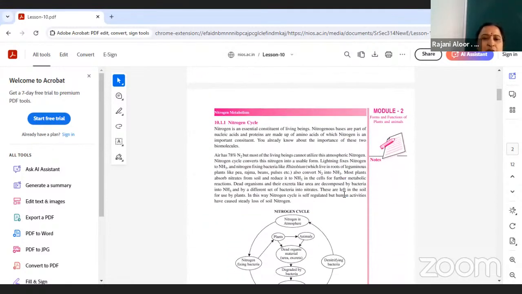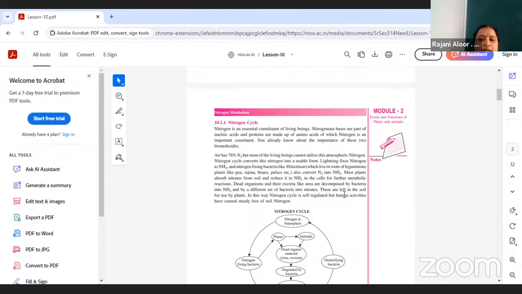What is the nitrogen cycle? Okay, in the nitrogen cycle, the main source of nitrogen is in the atmosphere, found in gaseous form and measuring about 78.8% by volume. This element nitrogen is not available to higher plants, but certain prokaryotes can utilize it. What are these prokaryotes?